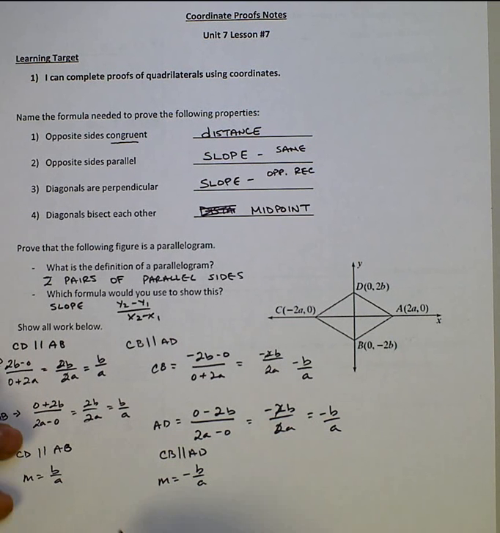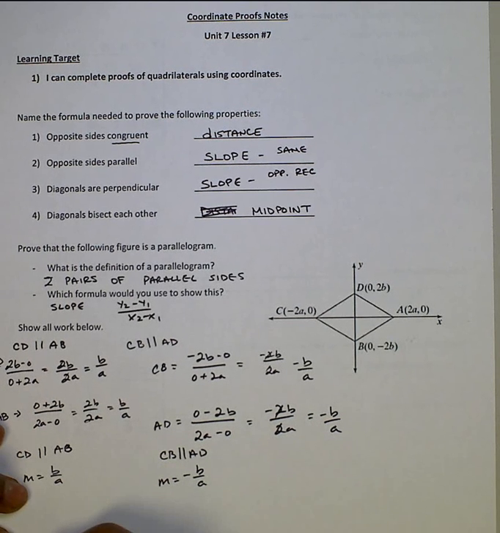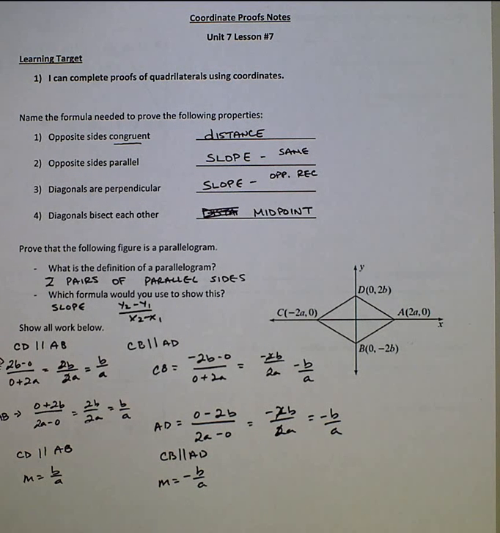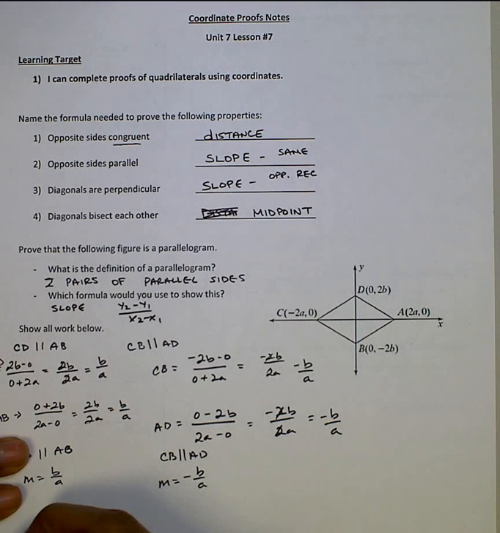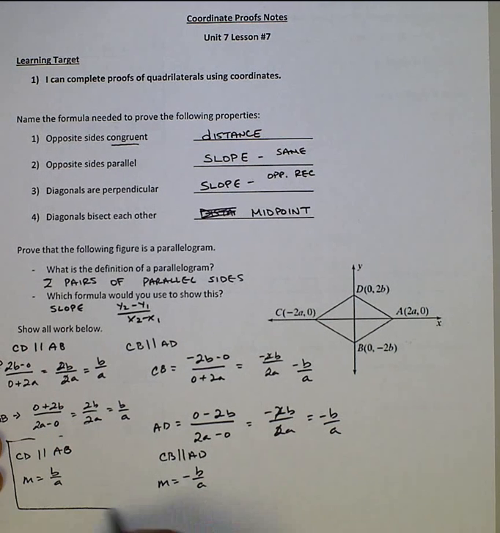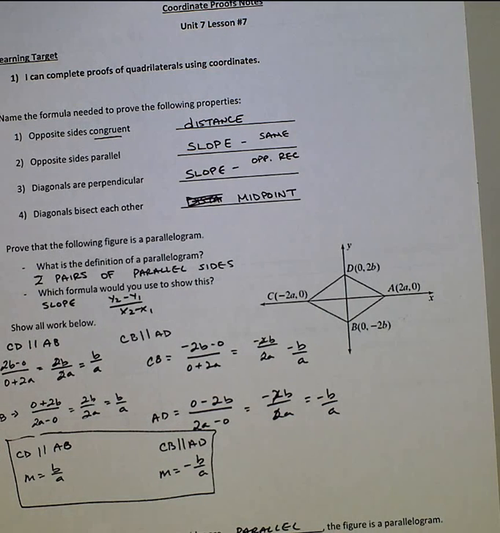So, since both pairs of opposite sides are parallel, then the figure is a parallelogram. It's important to summarize what you've shown, which is why I did this last sentence. This is what the work should be telling you.